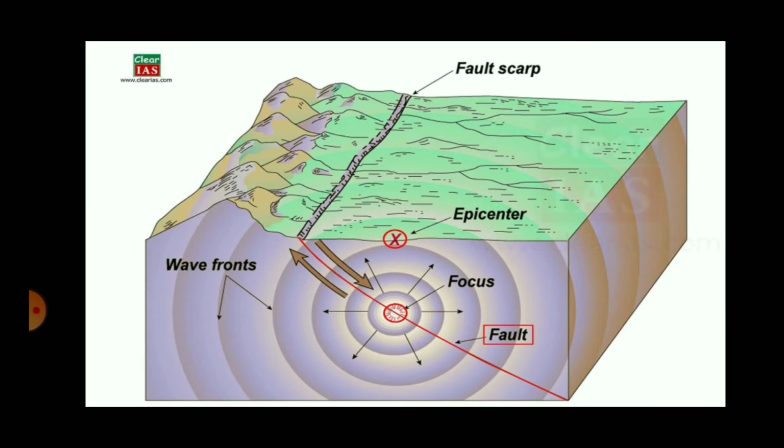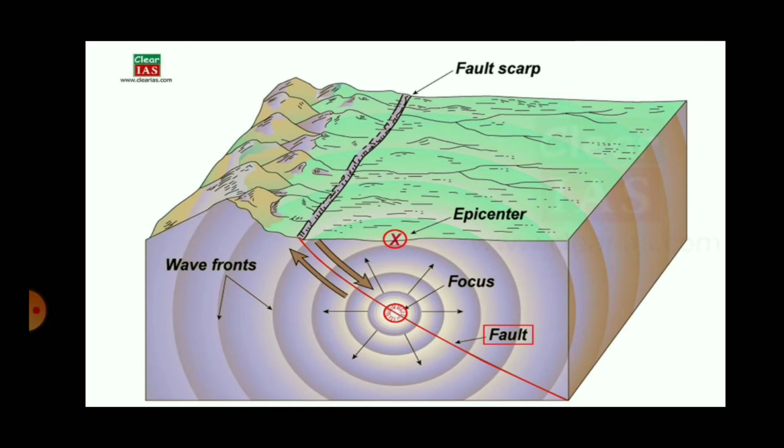Let us understand focus and epicenter. Let us understand what we mean by focus and the meaning of the point epicenter. Here you can see that when the movements are occurring below the surface of the earth, tension mounts up. Tension keeps on increasing, it keeps on accumulating.